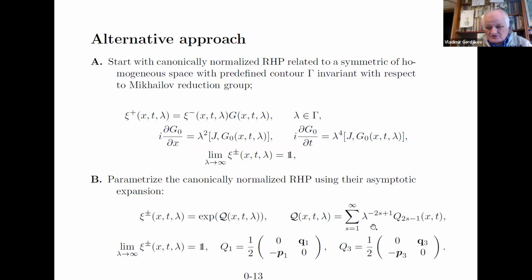Why inverse powers? Because when you take the limit of this Q for lambda going to infinity, you get 0, and therefore the canonical normalization is satisfied. Okay?